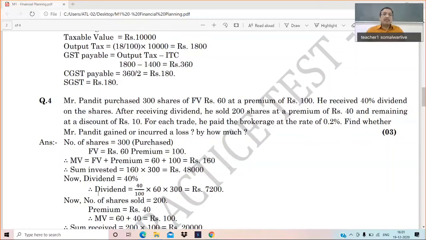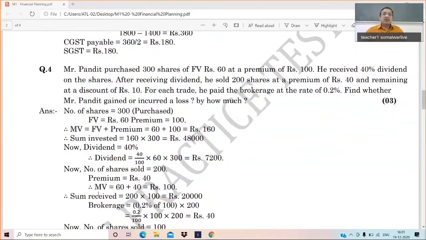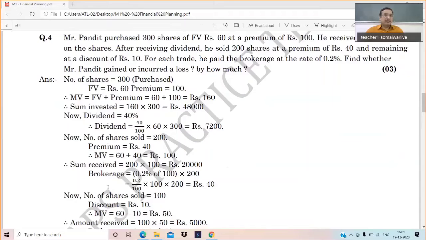Now, after receiving this dividend, he sold 200 shares when the share was at a premium of rupees 40. So the market value was 60, that is face value plus premium 40, rupees 100. So market value was rupees 100. Now, how much amount will he receive? 200 into 100, that is rupees 20,000.